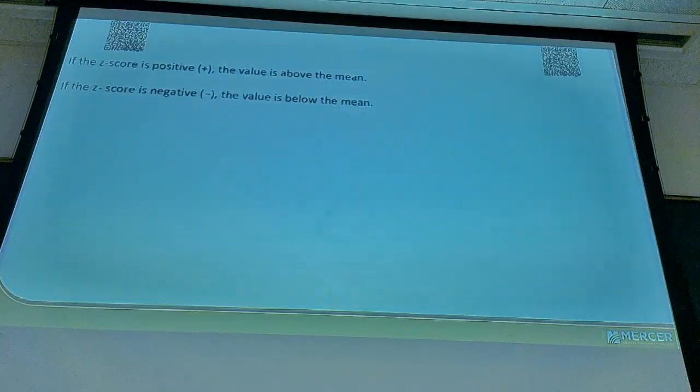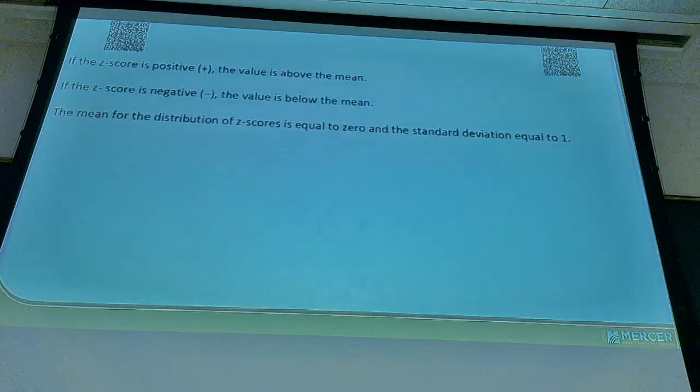If you look at the z-scores, so convert every single data point into a z-score and use that as your new data set, it will have a mean of 0 and standard deviation of 1. The z-score of the mean is obviously 0.